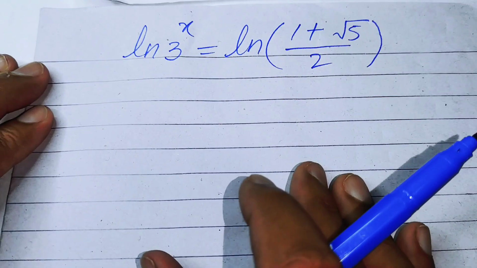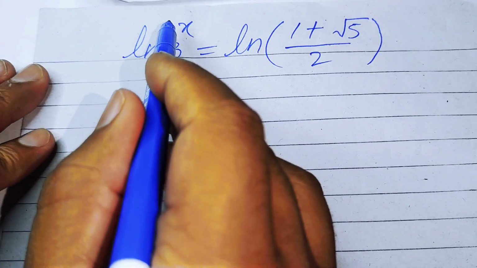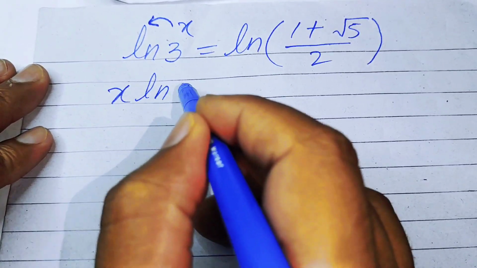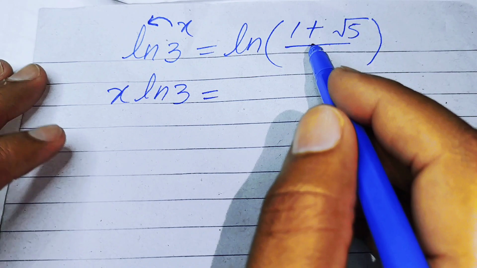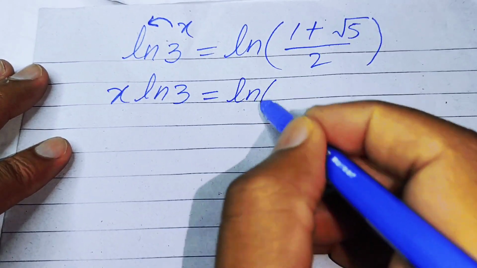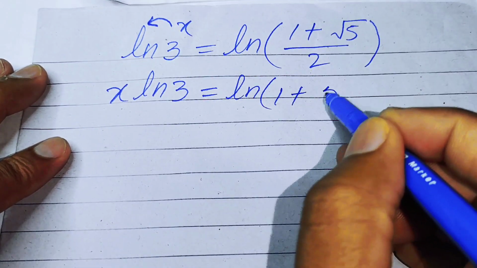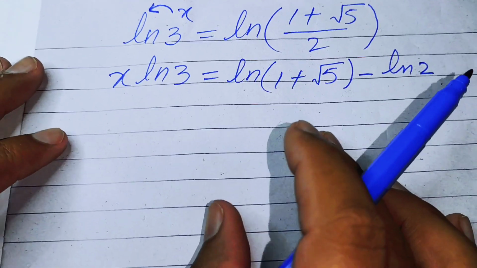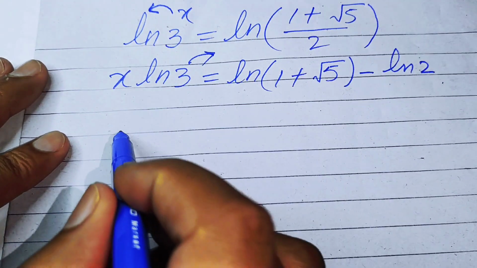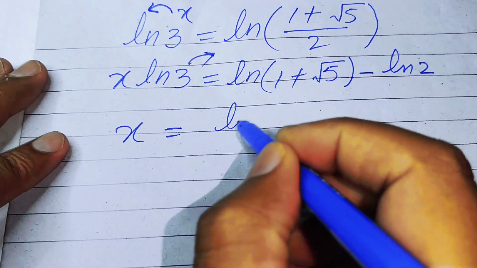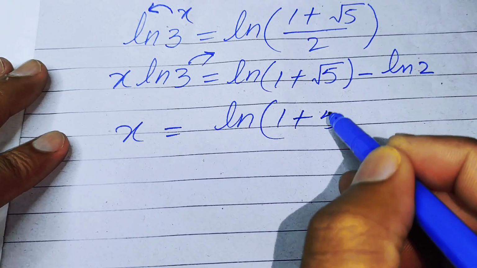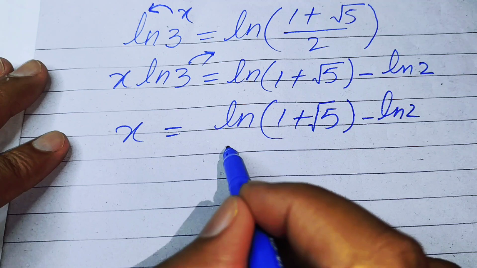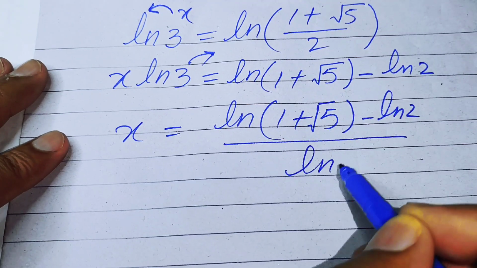After that we apply the property of log, so this exponent comes in front of the log, and it becomes x times log 3 is equal to, here again we apply the property of log, log of (1 plus square root of 5) minus log of 2. Now we move log 3 to the right hand side, and it becomes x is equal to (log of (1 plus square root of 5) minus log of 2) over log of 3.